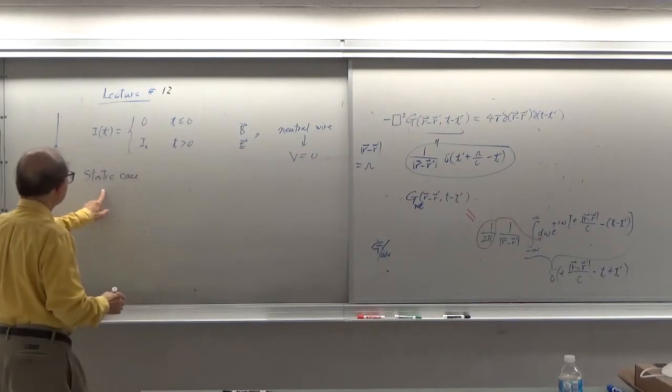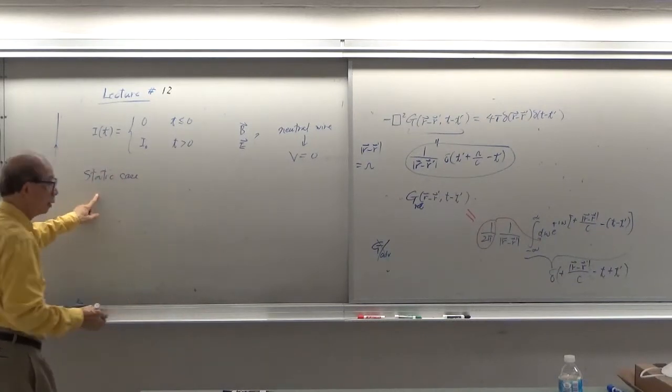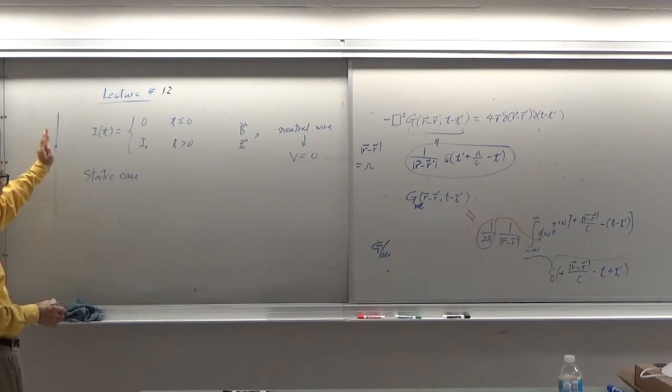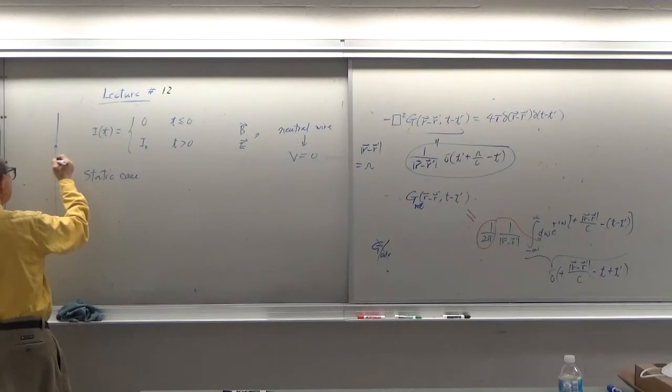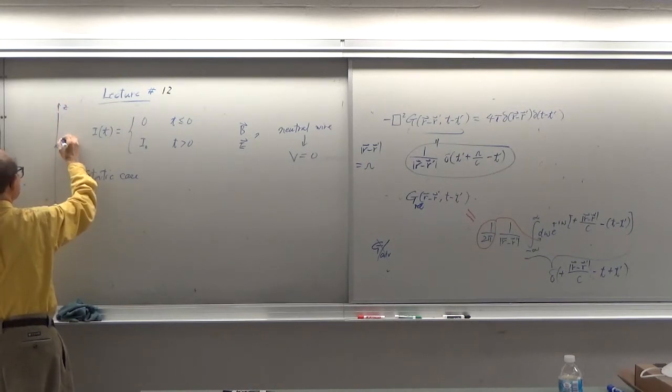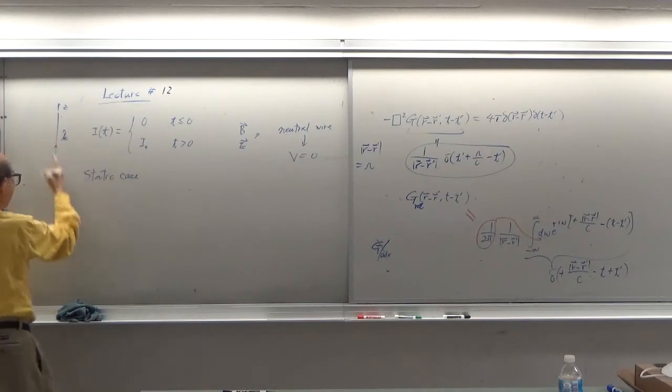Now let's think about the static case, that there's a current I naught going through this infinitely long wire. And let me take this to be the z-axis, so the unit vector is k.